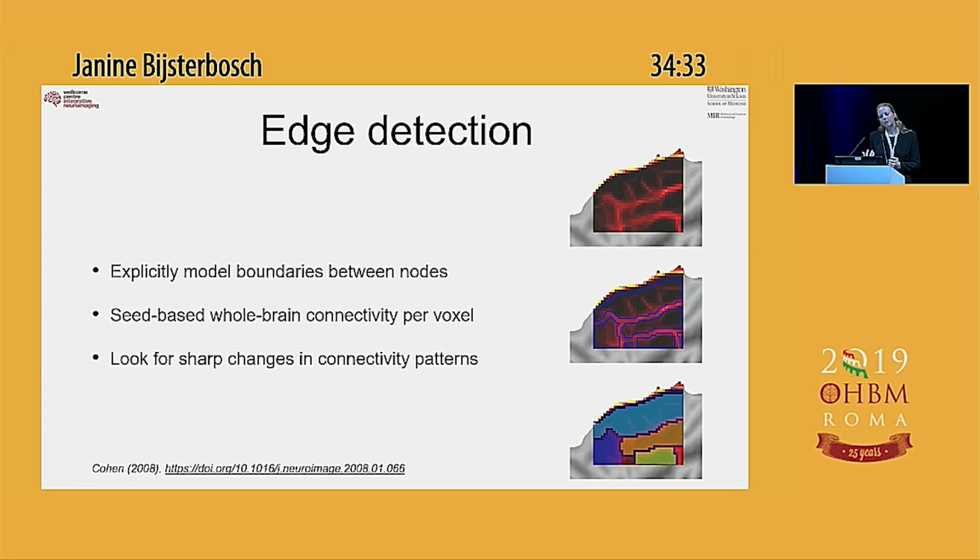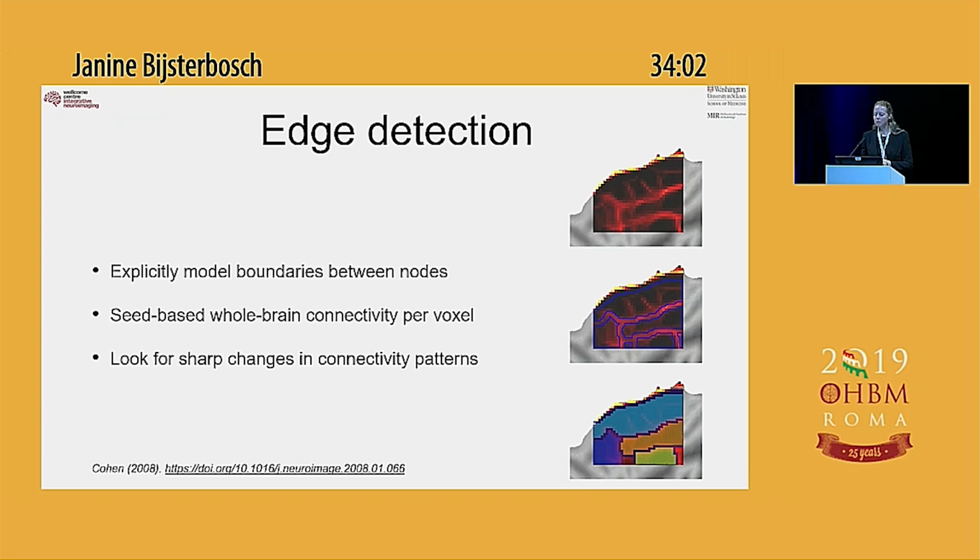So in the previous method we assigned the voxels to individual nodes, and the boundaries result implicitly as a result of that. But an alternative method that we can use is to use something called edge detection algorithms, where we're specifically trying to look for and define the boundaries between nodes. For example, you can, for every single voxel in the brain, look at its whole brain connectivity pattern, and then take the derivative or look at the change in that whole brain connectivity pattern across voxels.